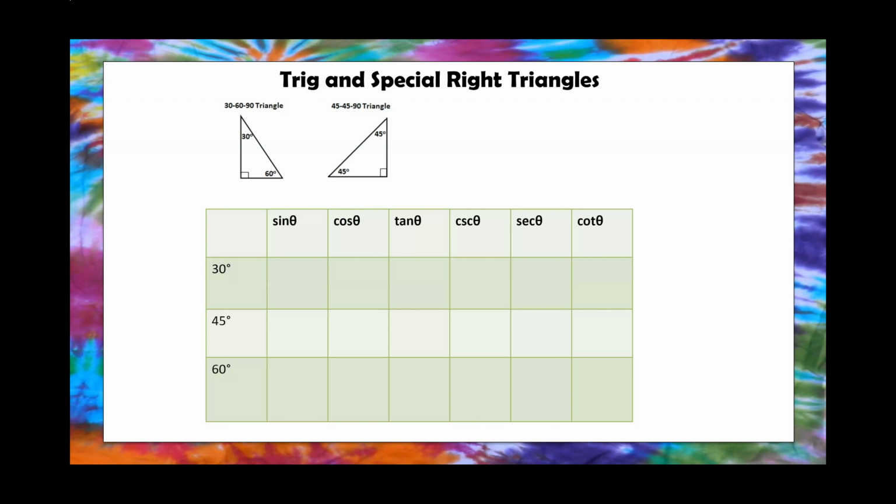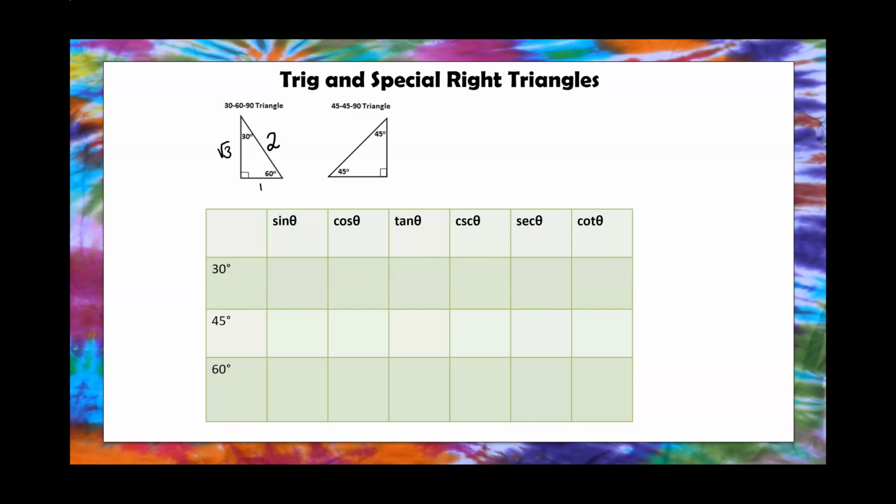So let's go ahead on this 30, 60, 90. Let's give our hypotenuse a 2. Now we know that we cut our hypotenuse in half, and that gives me 1 for our short leg. And then this would be a 1 times square root of 3, or just square root of 3.